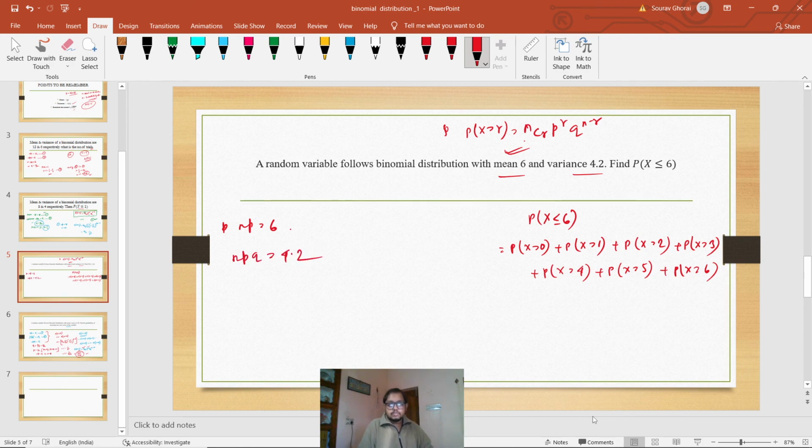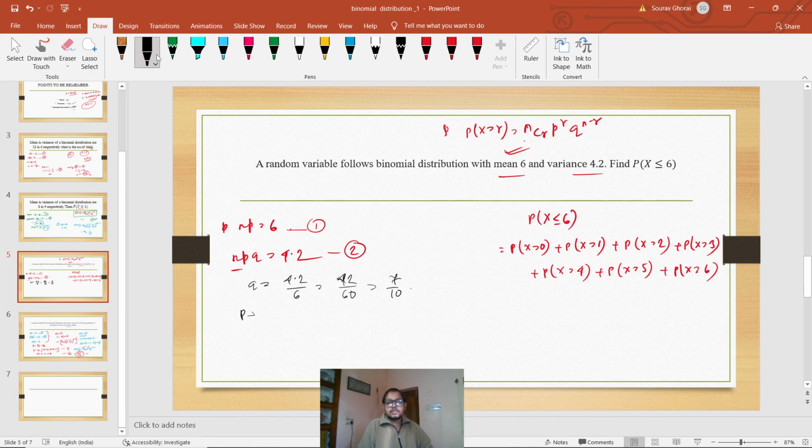So if we use the value of np from equation 1 in equation 2, the value of q is equal to 4.2 by 6, which simplifies to 42 by 60, that means 7 by 10.